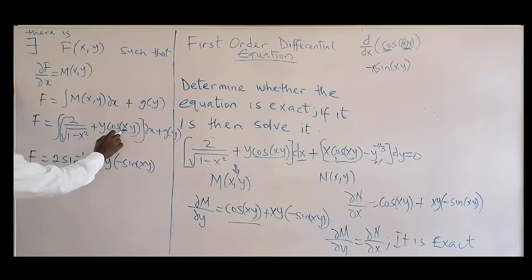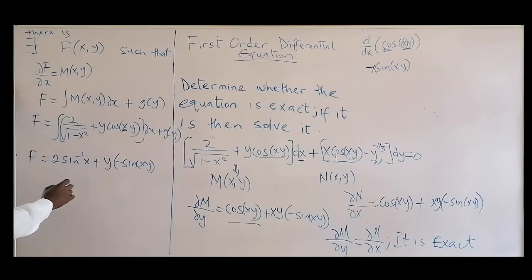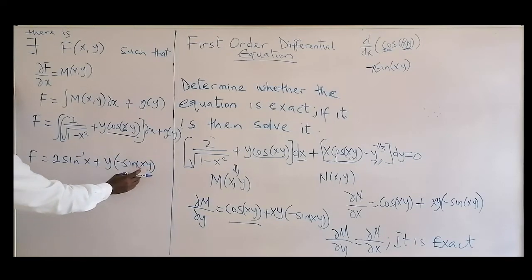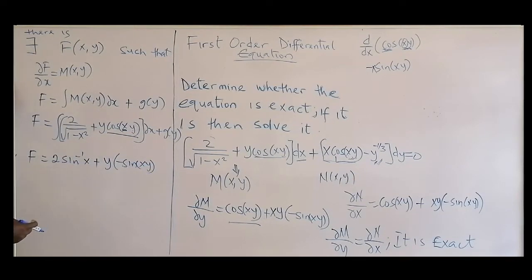That's you differentiate the inner function. Y is constant. You only differentiate this one, which is minus sine this, times y, times y squared.